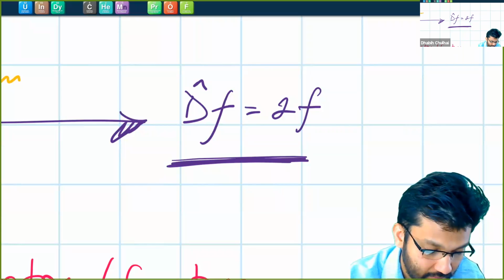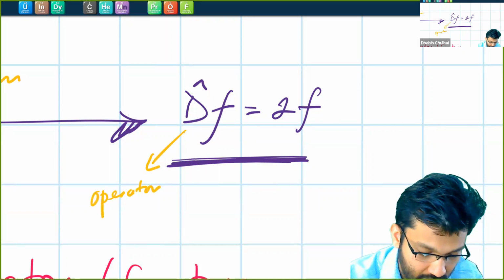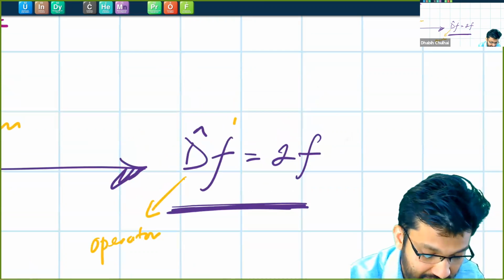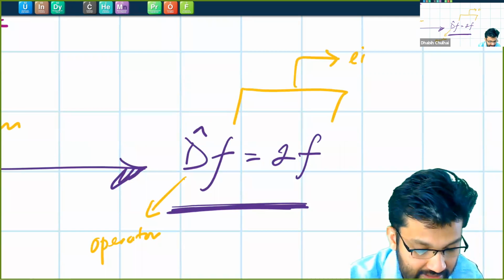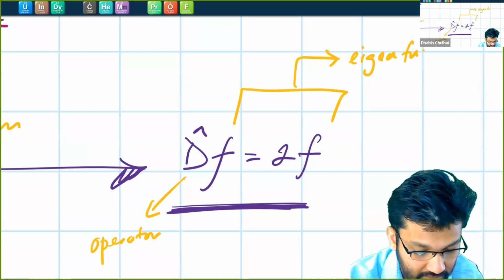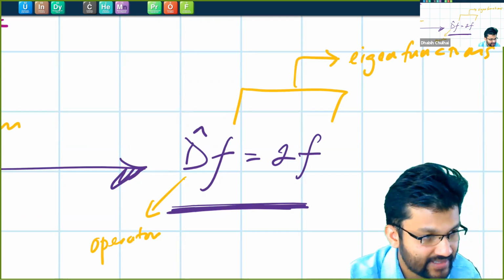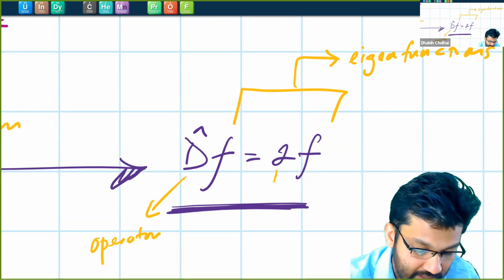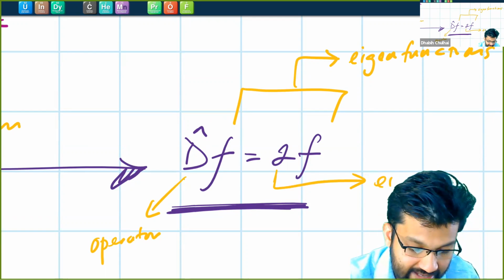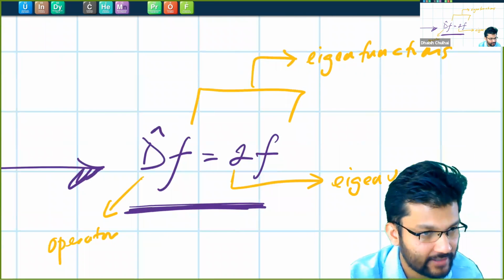And we call these specific kinds of functions that this happens to, because it doesn't happen to every function, eigenfunctions, right? Remember, eigen means same, so it returns the same function. And the number that it returns, we call the eigenvalue. And that's where the equation gets its name from, eigenvalue equations.